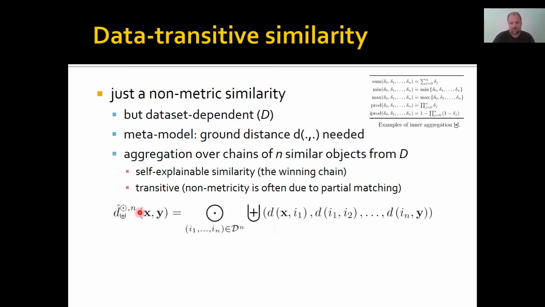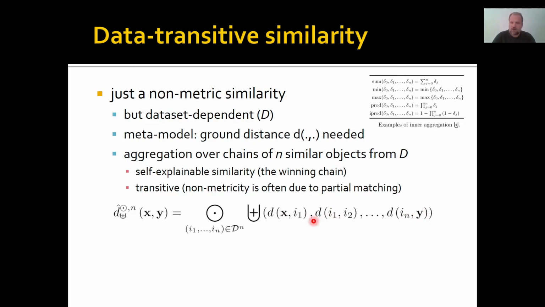So we have object 1, object 2, as usual, when we are measuring similarity, but we have other n objects here that are from the database D, and we are trying to compute some overall similarity between x and y using some intermediate objects I1, I2, and so on that form a chain.